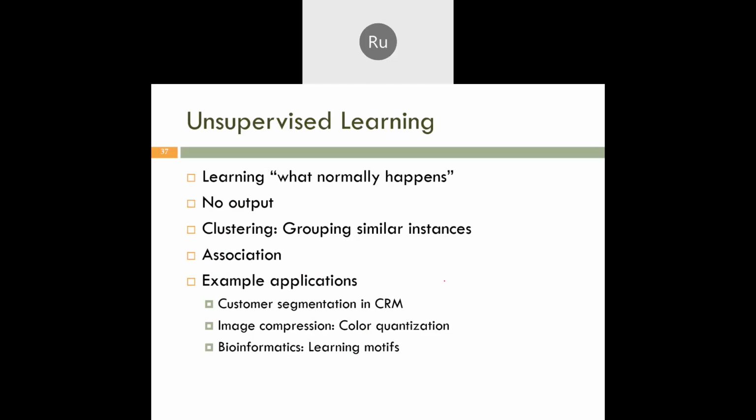Okay, next one is unsupervised learning: clustering, no label, and so on. They are used for customer segmentation, image compression, and color quantization. This is bioinformatics, learning the motif, meaning learning any kind of relation between the features that we have.